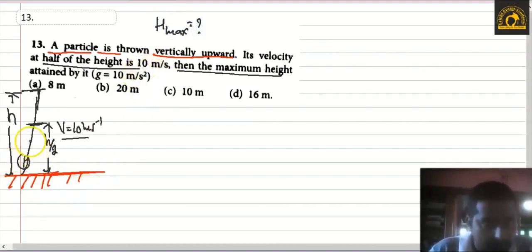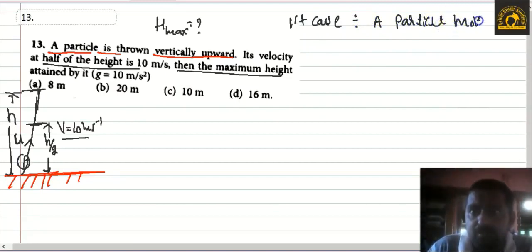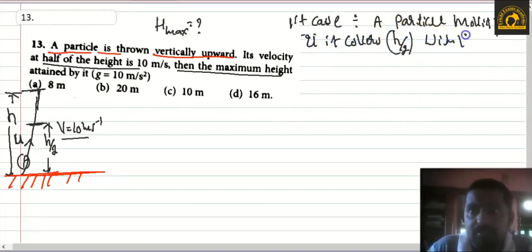So in the first case, a particle is moving with initial velocity u, it covers h by 2 height with a final velocity of 10 meter per second.